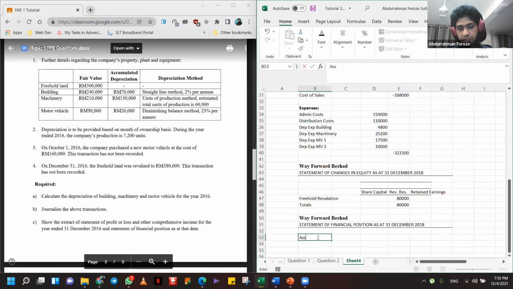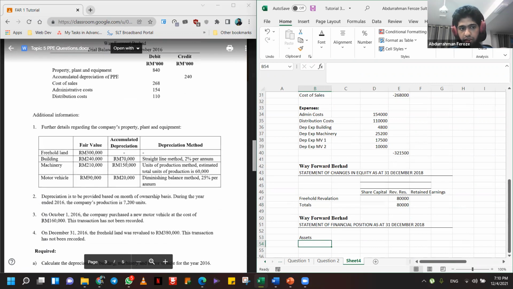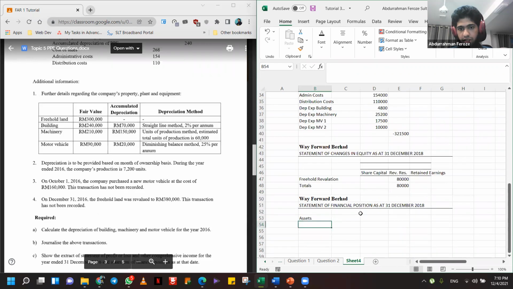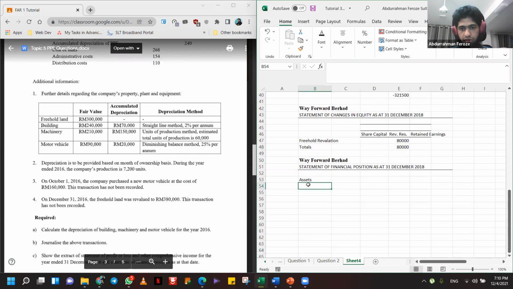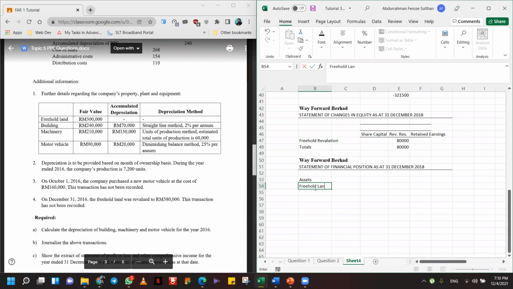So we have assets, right? What are the assets we have? We have the freehold land. What would be the value of the freehold land here?